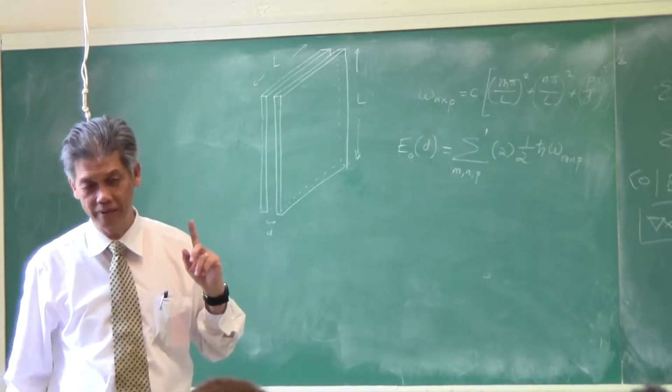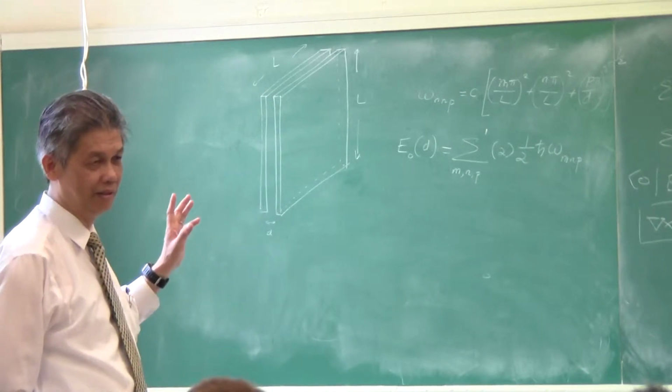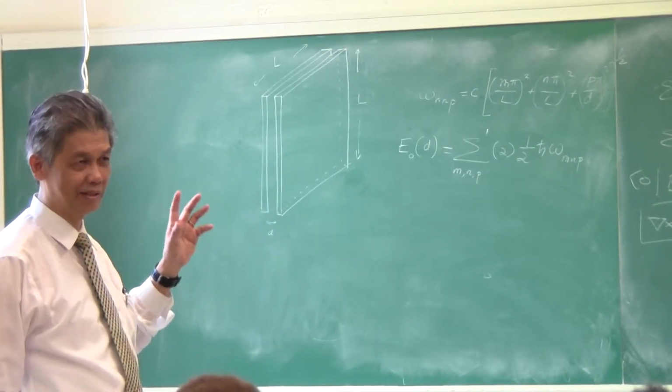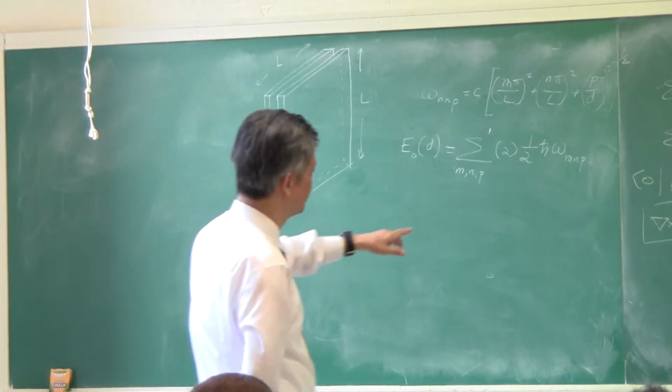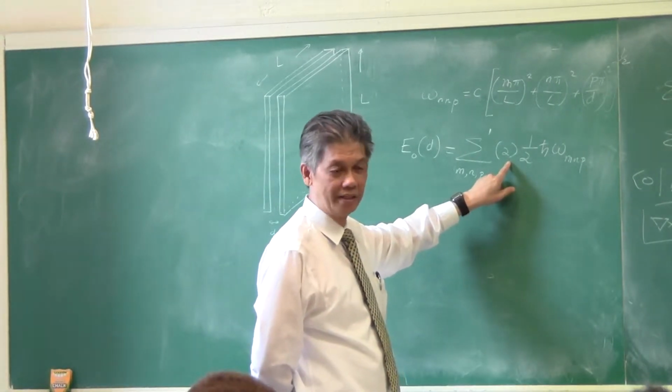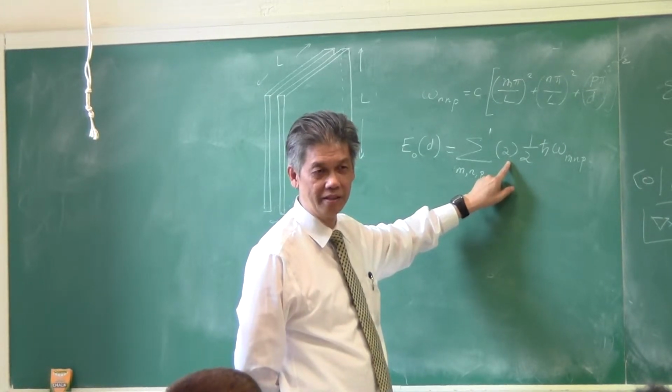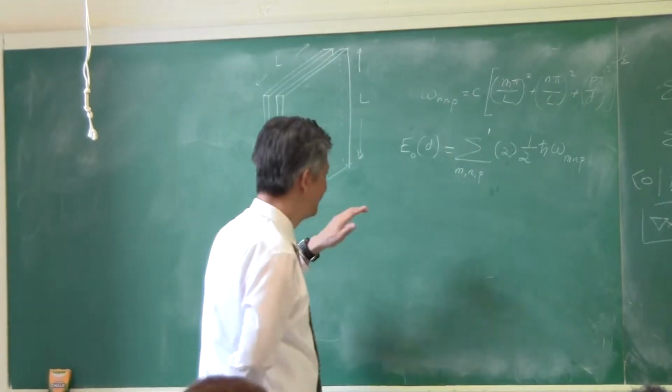If you look at the parallel plate modes of a waveguide, for every TE mode there's a TM mode. Okay, for every TE mode there's a TM mode. And they have the same resonance frequency. Except for one, which is the TM mode.